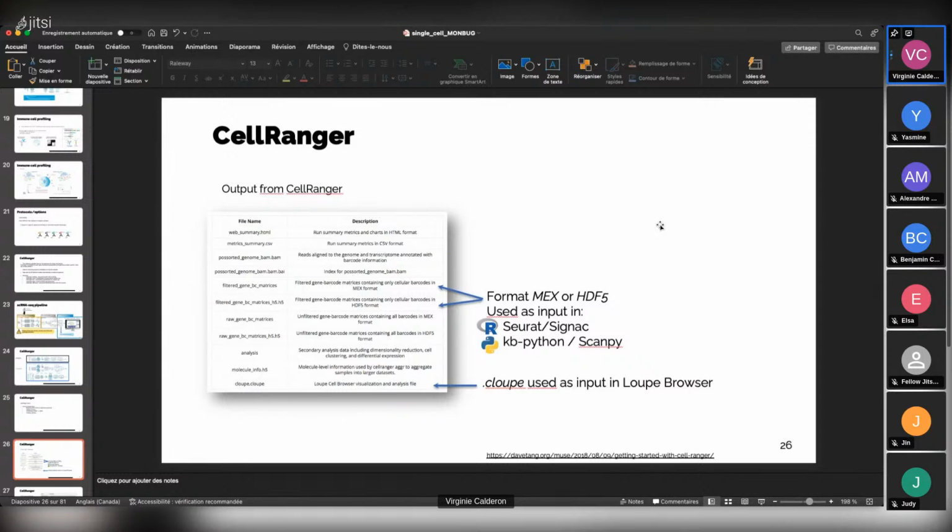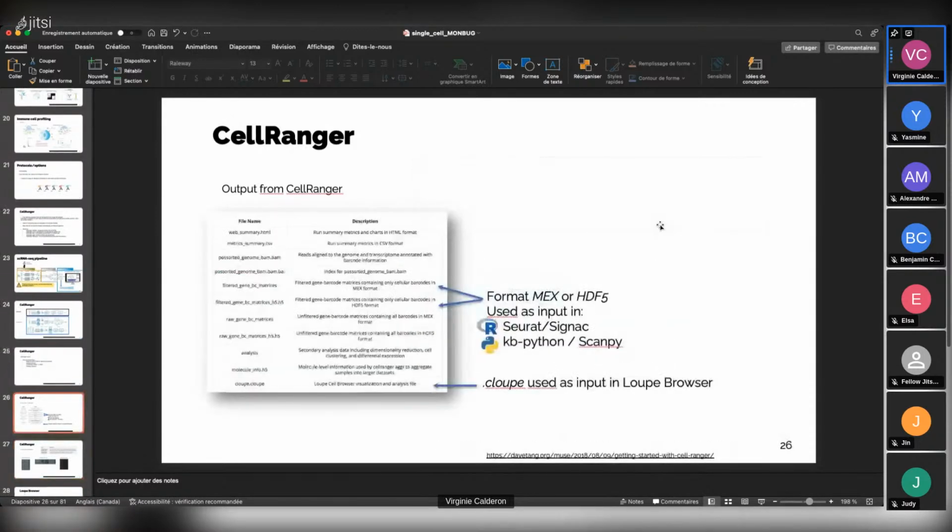But I just want to mention that 10x is also proposing a software called the Loupe Browser that is really useful for the biologist to look at the data. They produce a .cloupe file, and you use it as an input in the Loupe Browser.